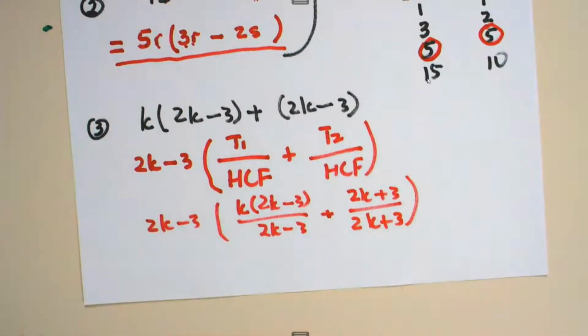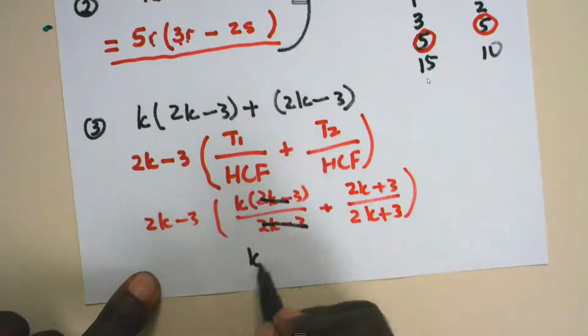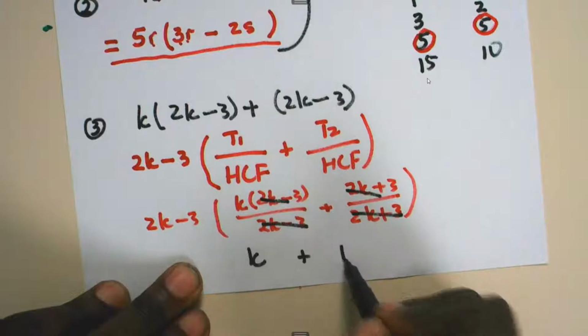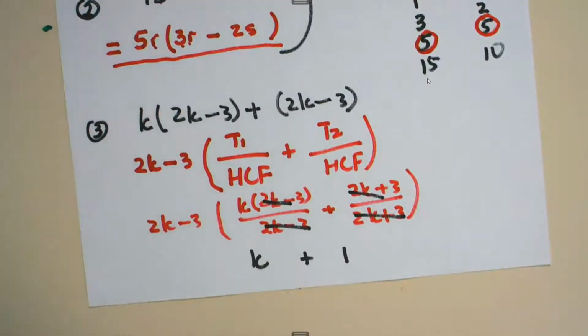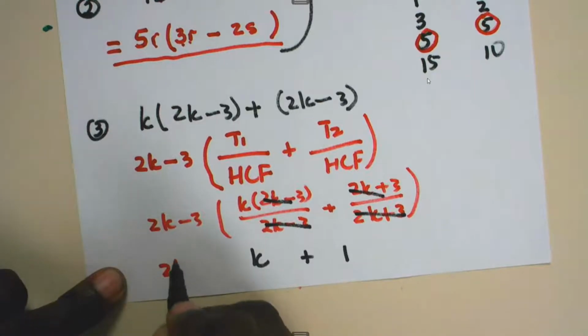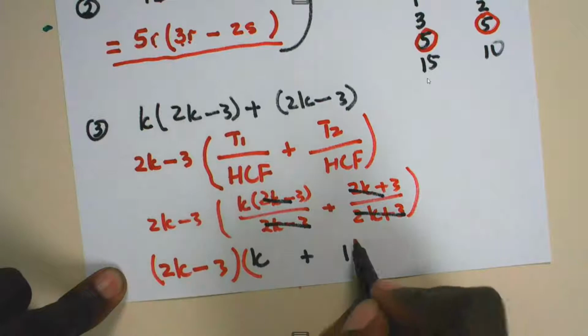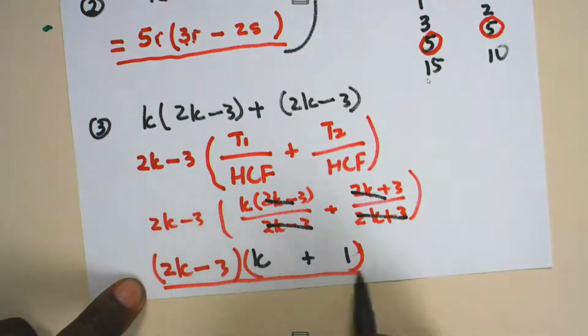Then this is going to be cancelled. This one is cancelled and that's cancelled, left with k. And then plus, this one is cancelled, and we're left with 2k plus 3. Then our common factor is 2k minus 3. Put brackets, and this becomes our factors.